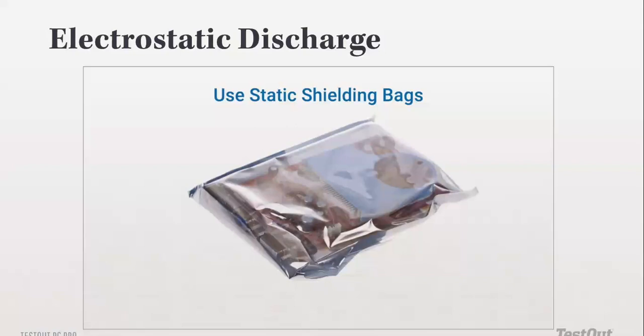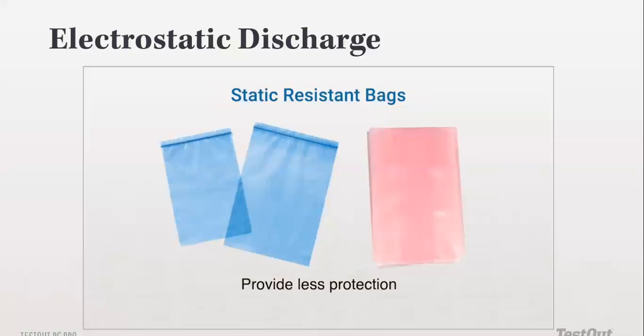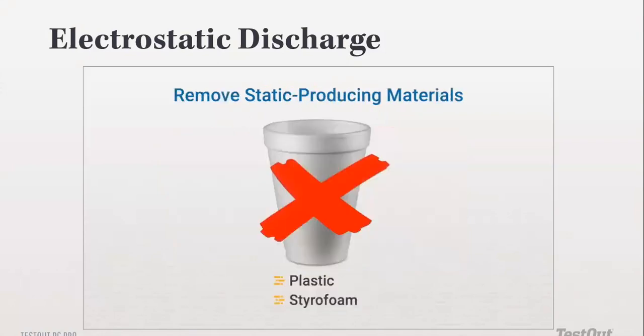I think some of them are Ziplocs. I think you know what Ziploc bags are. They look like Ziploc bags, but we refer to them as static shielding bags. You could also use static resistant bags. They provide less protection than the static shielding bags, but they also work, right? They prevent the components that are stored in them from getting electrostatic discharge.